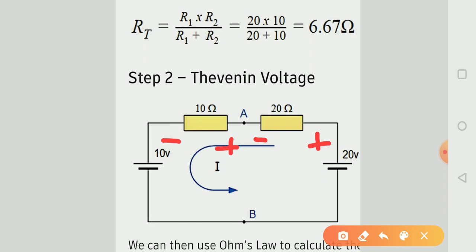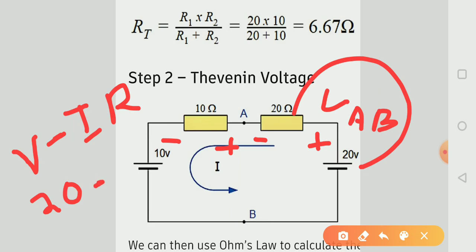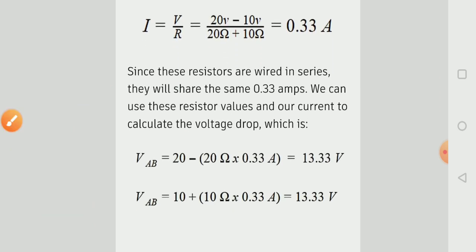So if we find the voltage drop across VAB terminal here, so here the voltage is 20 volt, so V minus I into R. V is 20 volt minus, here the sign is negative, so minus I, 0.33 ampere into R, R is 20 ohm, like this equation.